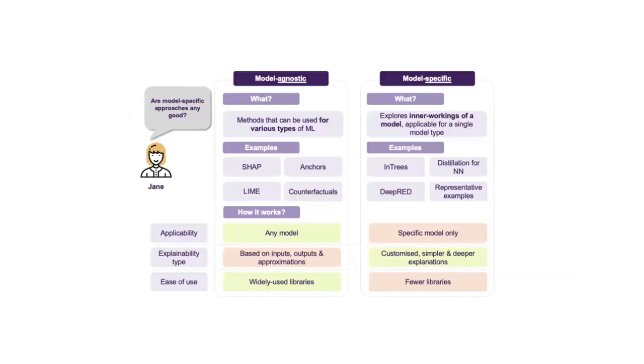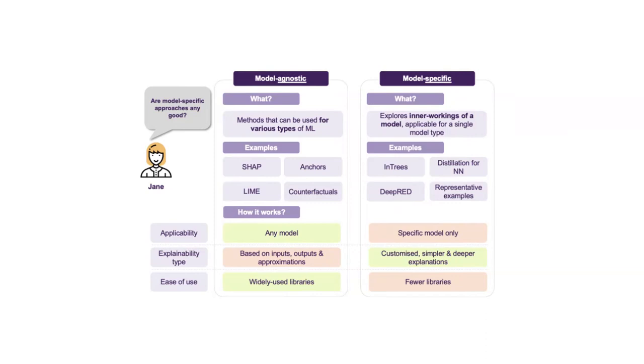All right. So what exactly is the difference between model agnostic and model specific? As we mentioned in the very first slide deck, the first is one that applies to any ML model, whereas the other one is looking at the architecture and trying to do something clever. So obviously, in terms of the explainability type, if you look at the second last row, model agnostic techniques typically exploit the inputs, outputs, and do approximations, whereas model specific techniques can be customized and simpler and deeper, okay?